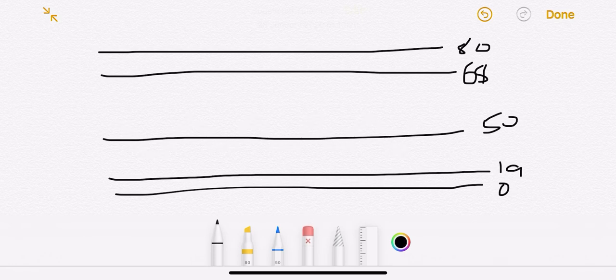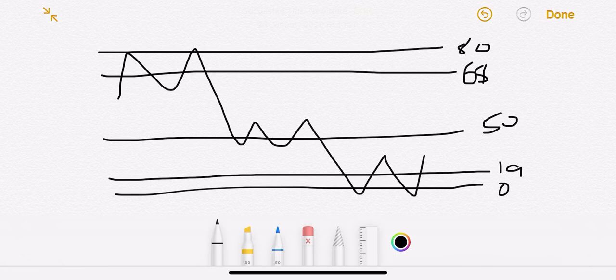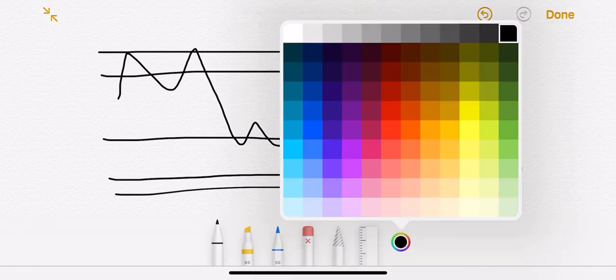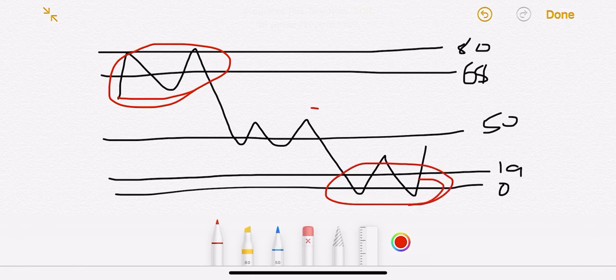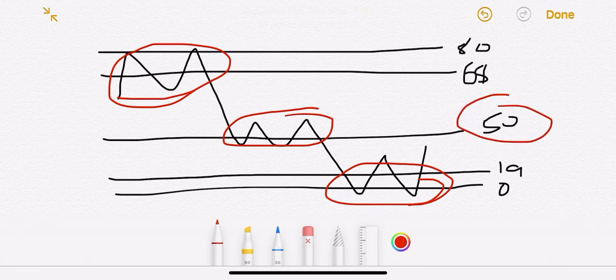So this is where we expect selling, this is where we expect buying, this is where we expect consolidation. Even when we count levels, everywhere there is a consolidation of levels, we are always at the 50 level.